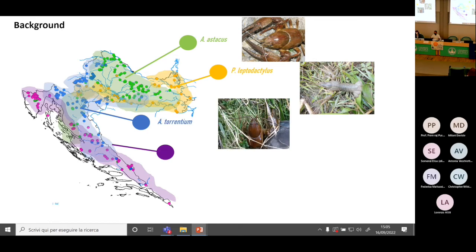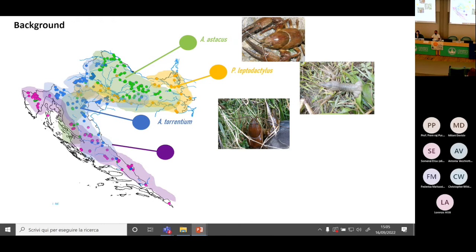Then we have Austropotamobius torrentium, or stone crayfish, the smallest of all native European crayfish species. In Croatia, it lives in smaller streams at higher altitudes. Mainly it is present in the Alpine geographical region, but also in some of the mountains in the continental part.